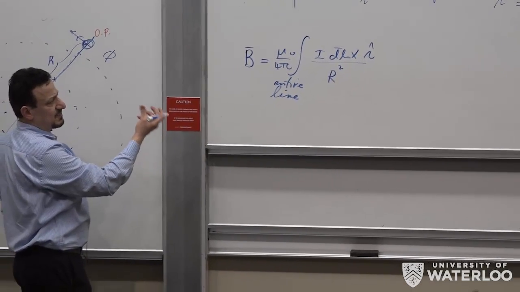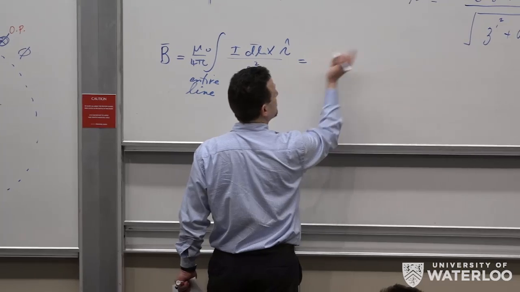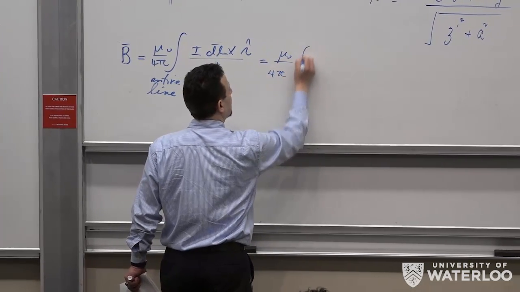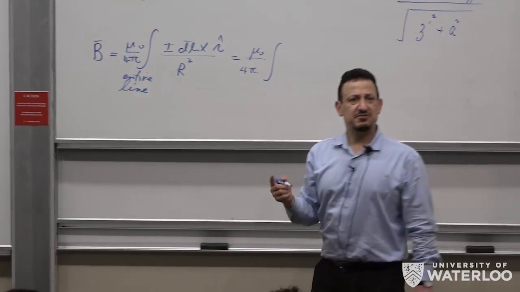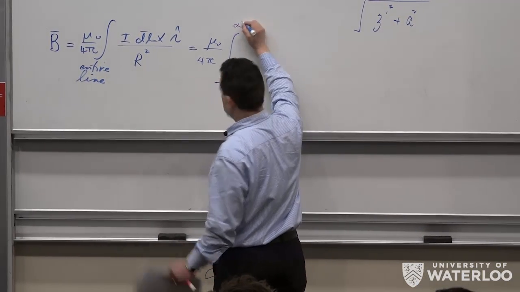This is a qualitative picture of what we're doing. We have to substitute everything in. So I have mu naught divided by 4 pi integrating from minus infinity to infinity.